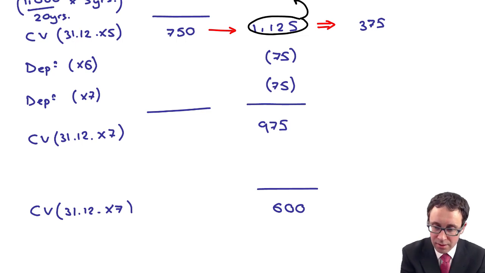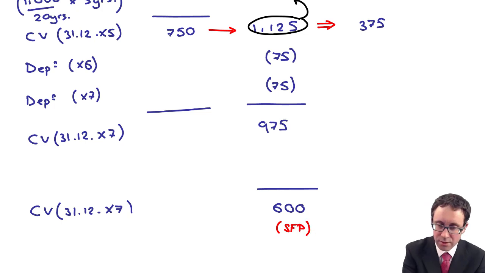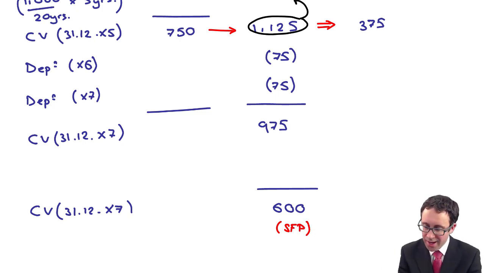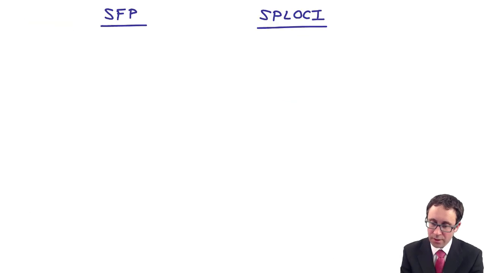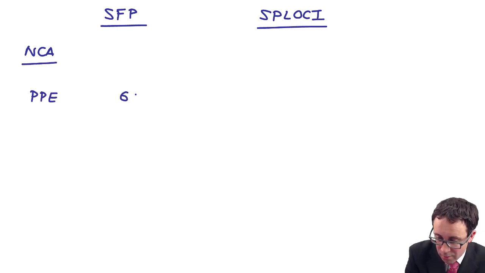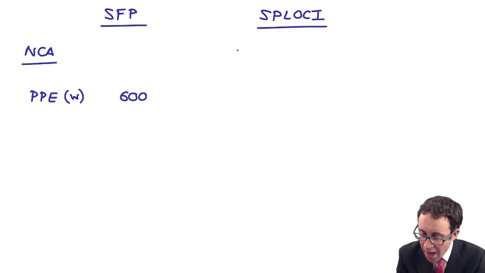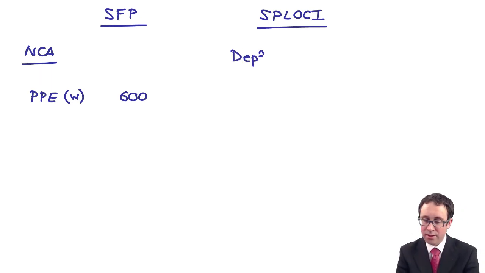Before you go through and calculate the impairment, get the easier marks first. We're told that there is an asset now worth 600. So on the SFP, within my non-current assets, within my property, plant and equipment, there is an asset worth 600,000. That asset will have been depreciated.